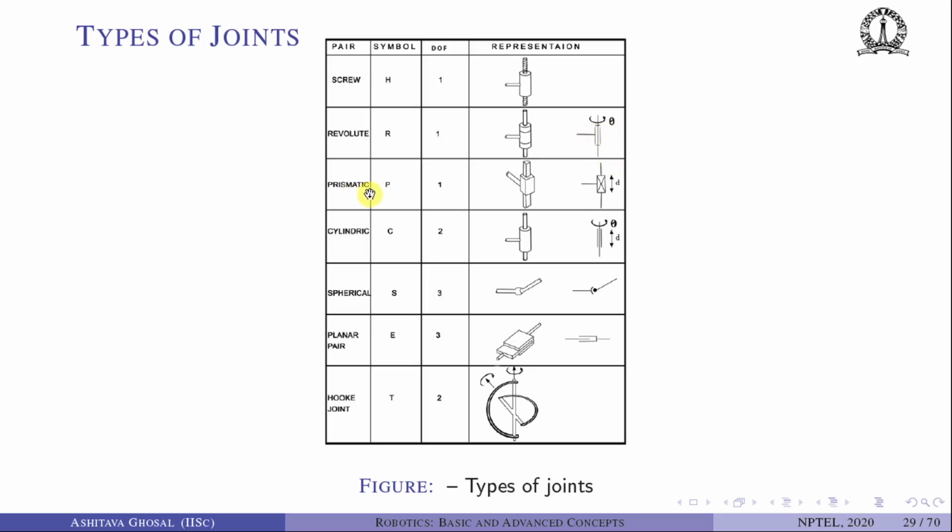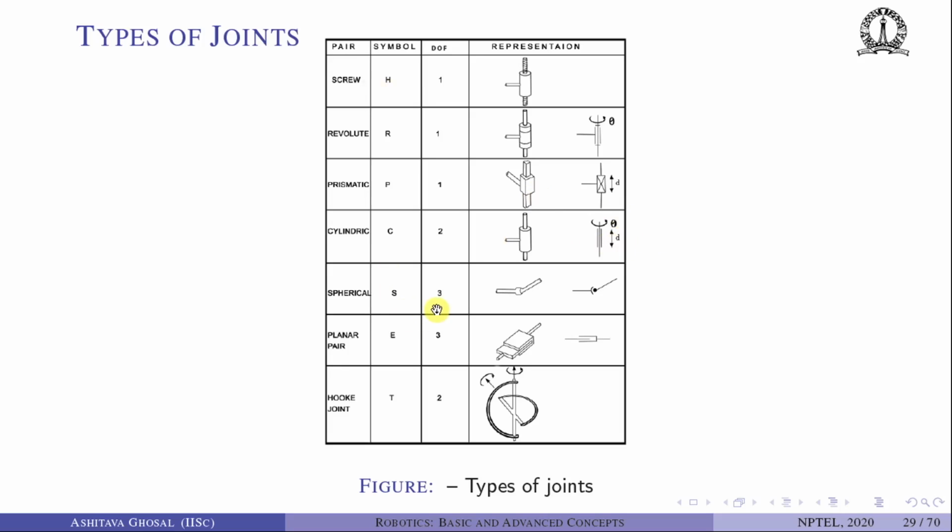A prismatic joint, on the other hand, has two rigid bodies shown here and here, and they can translate with respect to each other, and the variable used is d. So for a rotary joint, the typical variable used is theta. In a prismatic joint, the typical variable used is d. We can also have a cylindric joint, which is in some sense a generalization of a screw joint, where theta and d are not related. They are two independent variables.